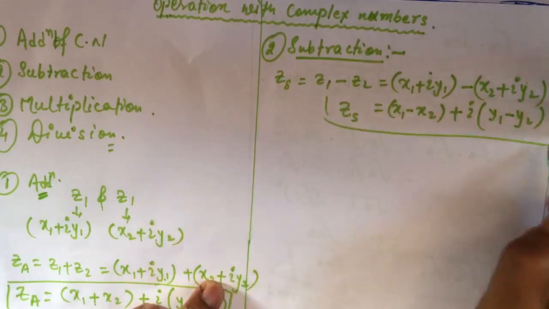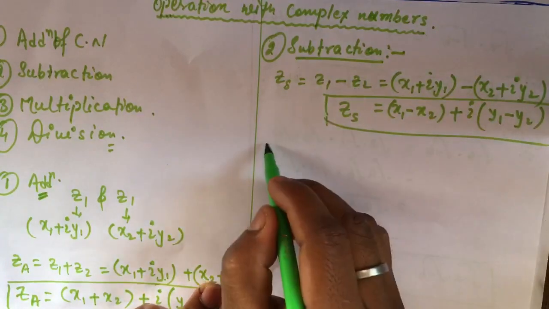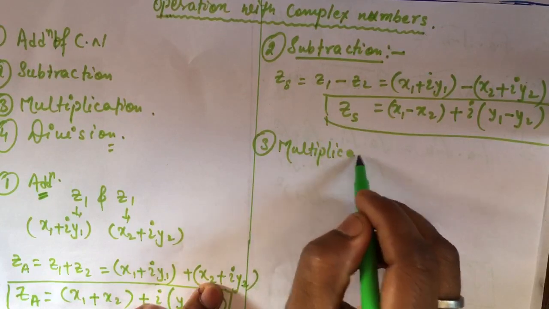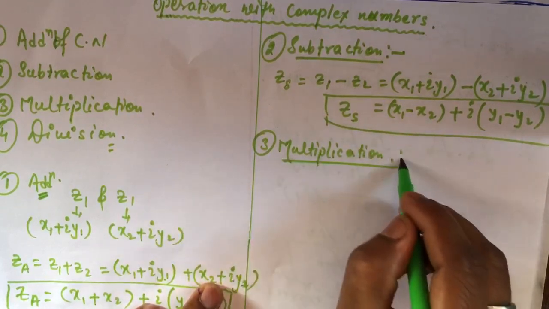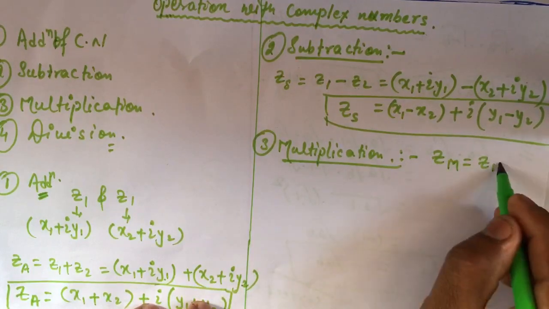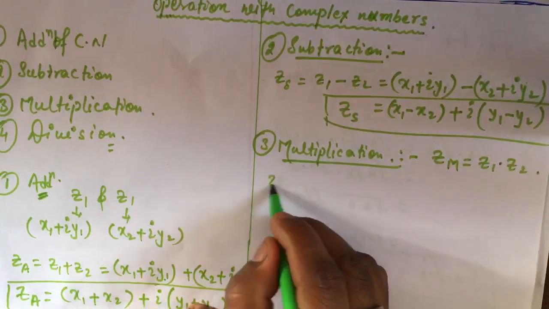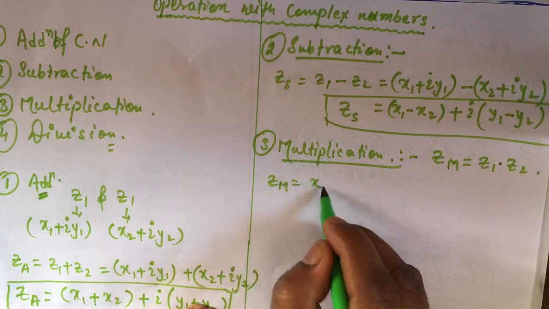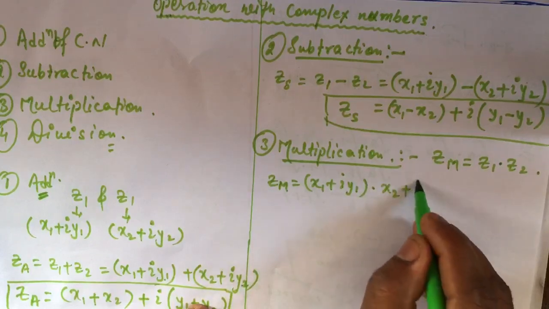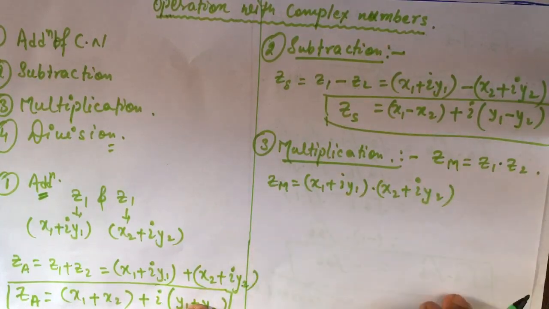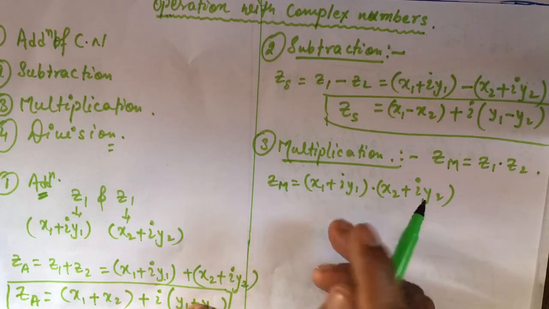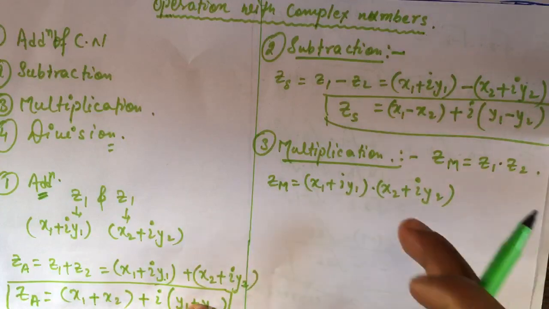Now we will do the third one, multiplication. So suppose zm is equal to z1 into z2. So z1 is x1 plus iy1 into x2 plus iy2. This is the two formats. Now we will do simply the multiplication in two variables like x1 y1 and x2 y2.